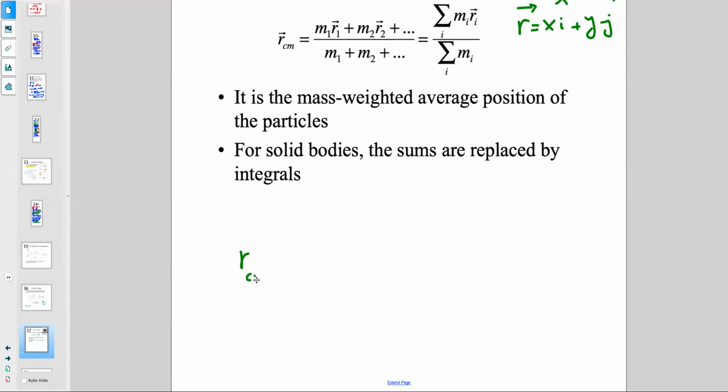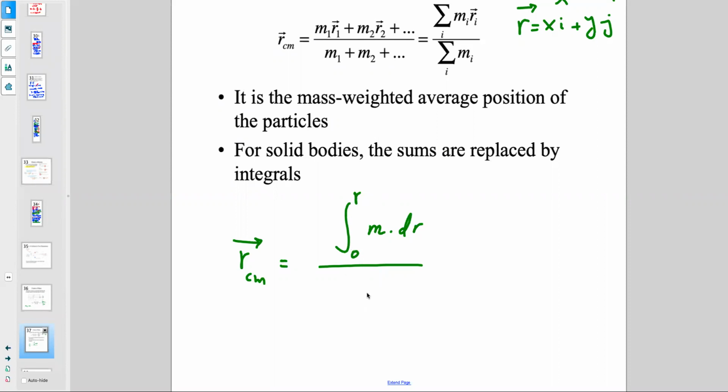So r of the center of the mass for a solid body would be the integral of r dm, okay? Or in other words, I can write it like this, from 0 to r, whatever it is, from position of 0 to r. This depends on the problem, okay, and where you put your coordinate.